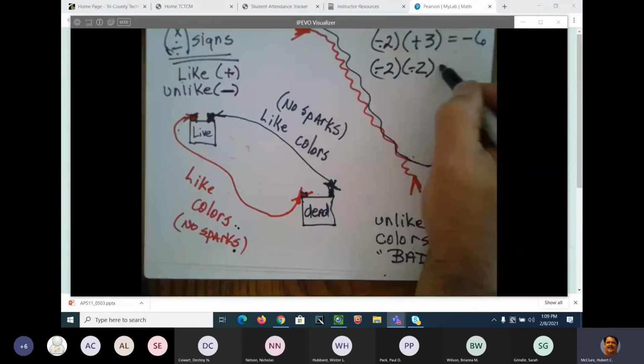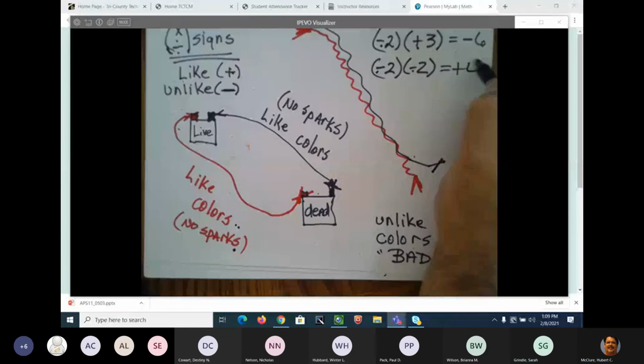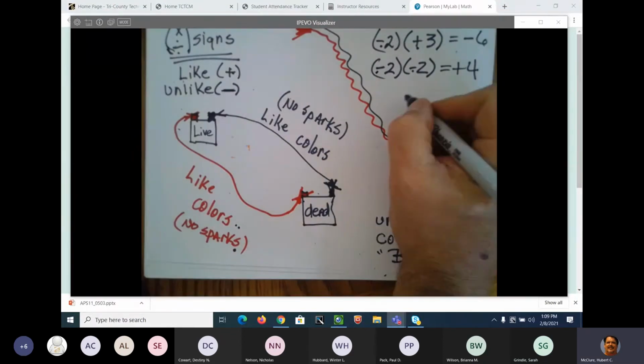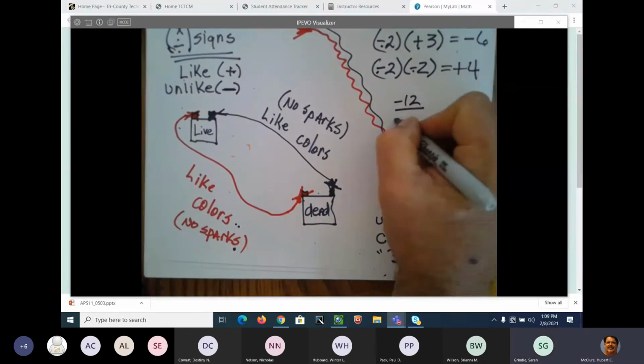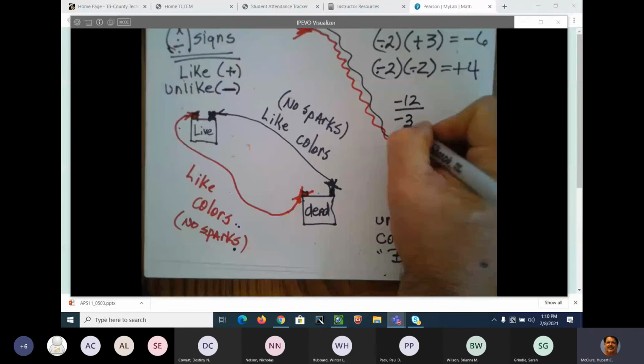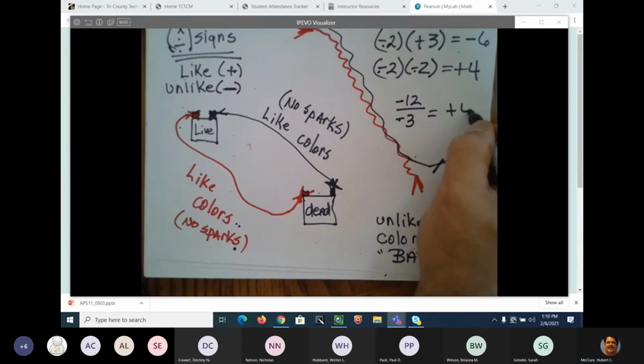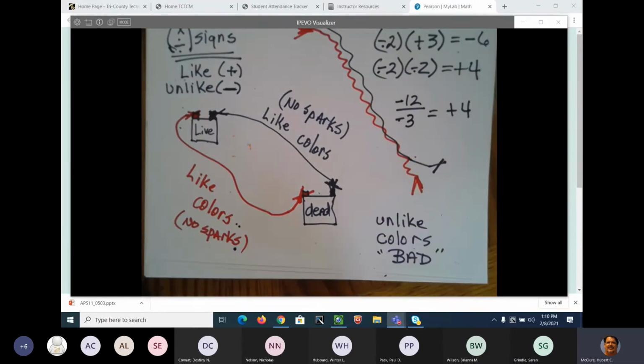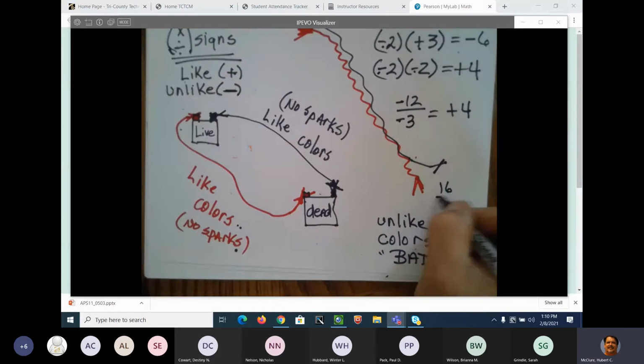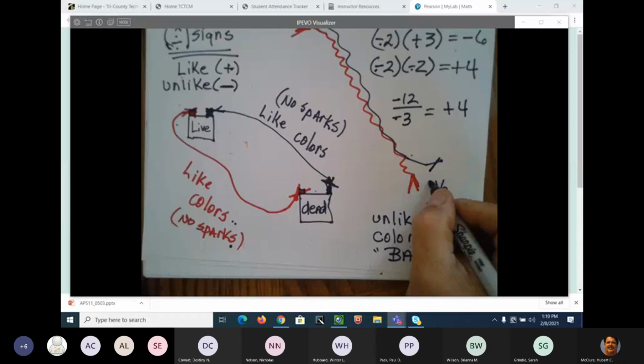So that's positive. What about -12 over -3? Black to black, positive. What about 16 divided by -4? We got red to black, bad.